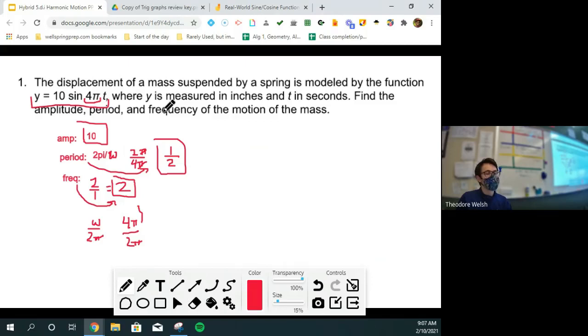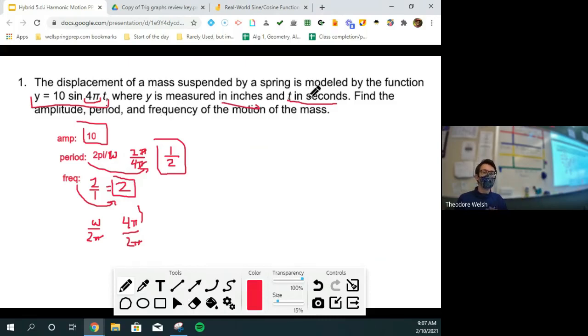So what does this information tell us? An amplitude of 10 means that the mass, starting at the center, goes up a distance of 10 inches and down a distance of 10 inches. If time t represents seconds, and we have a period of 1/2, that means it takes half a second to complete a full cycle, or for the mass to go up, down, and back to center. Our frequency tells us how many times it completes a cycle in the given unit of time.